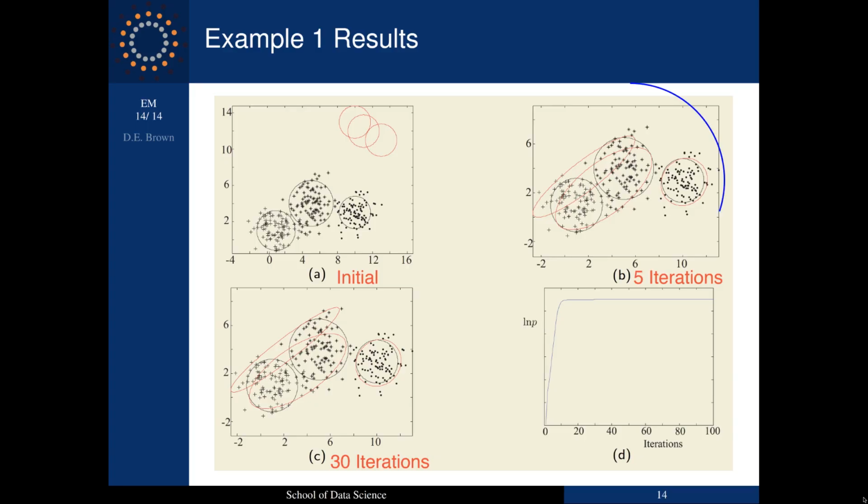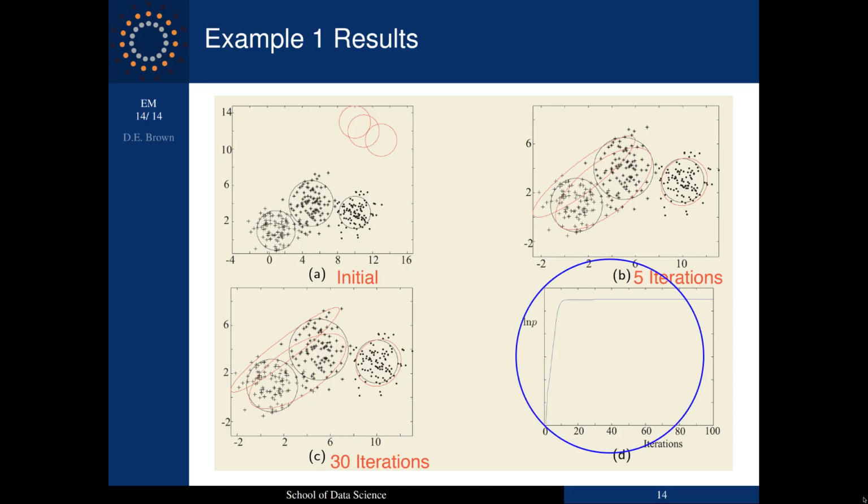After 5 iterations, in the plot in the upper right labeled B, you can see that one of the distributions, the one to the right, has converged pretty much, but the other two have not. In fact, after 30 iterations, they still have not converged to the generating distributions.